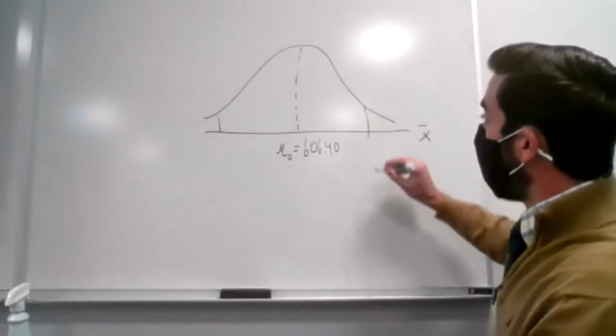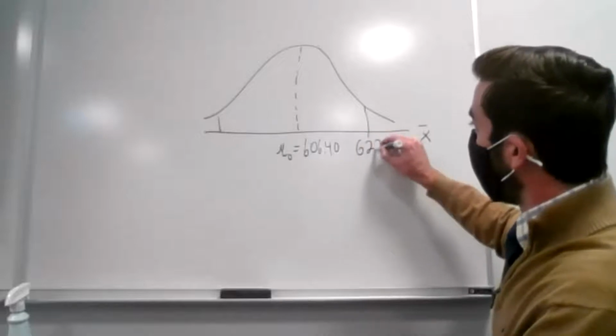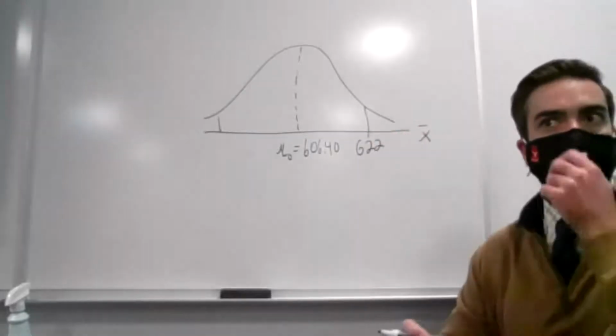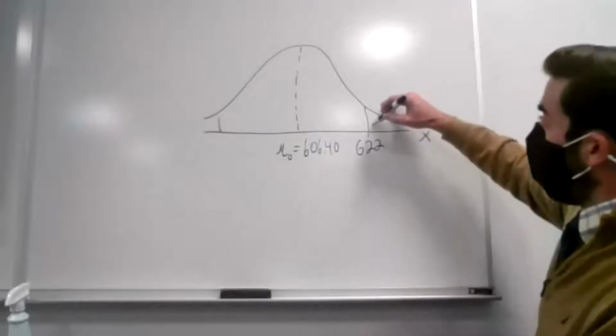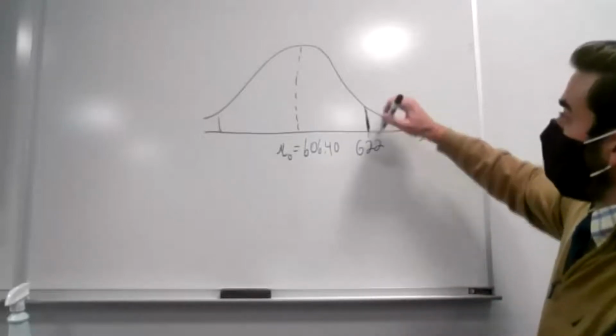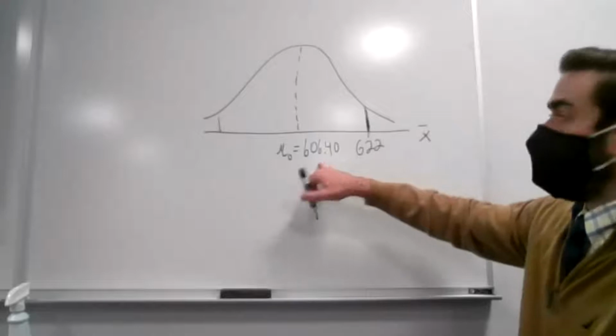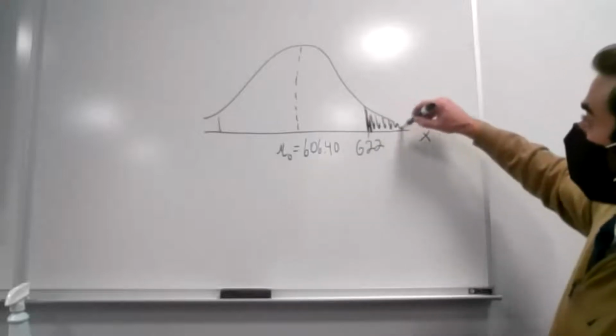Now, the value that we saw as our sample mean was what? $622 and some odd change. So what we want to find is what was the probability I saw something that far away from the assumed true mean or even further.